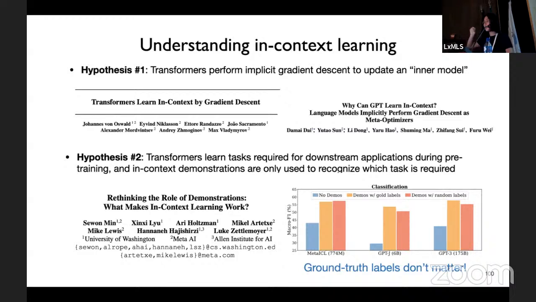They just replace the ground truth label with another random label in the output space. They found that the performance doesn't degrade too much if you just change the output label to another random label in the output space. So this really tells us that maybe the ground truth labels don't matter as much as people had previously anticipated.